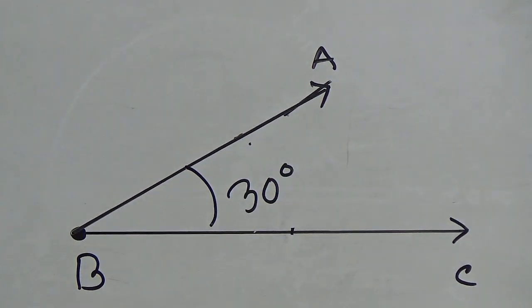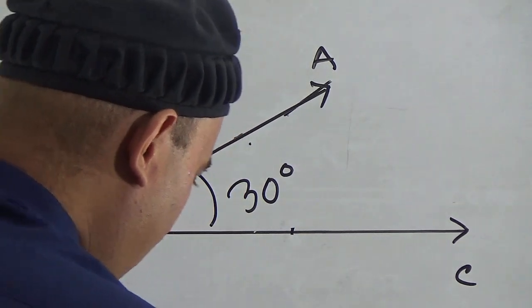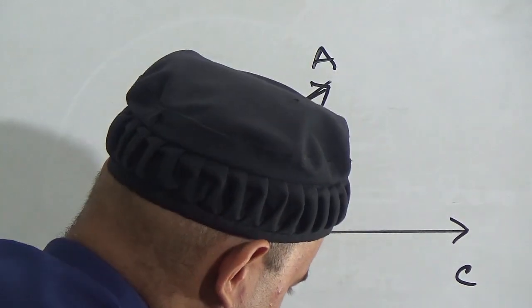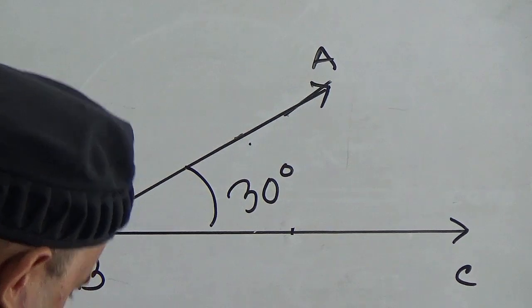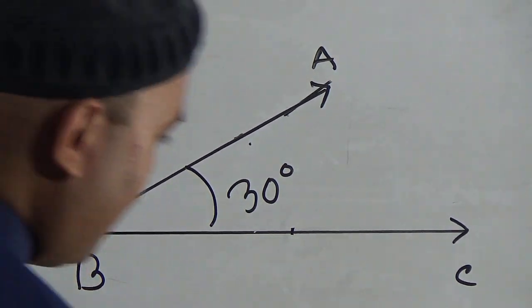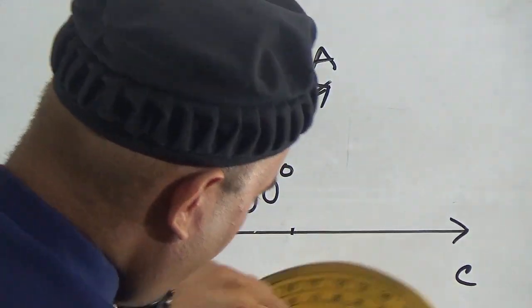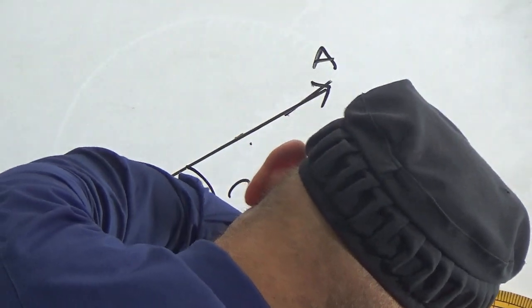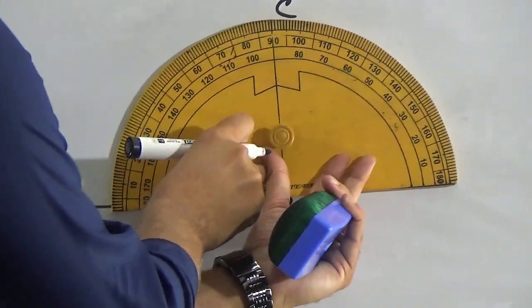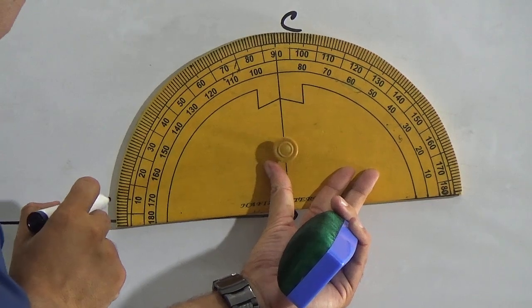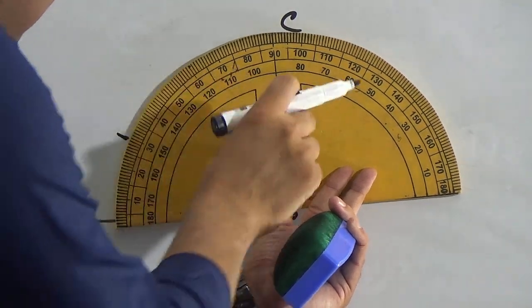Look, my dear student, if you draw this type of angle, where B will be here and C will be here, then you will similarly mark this point and put the protractor on the point, and then count 10, 20 and 30 here.